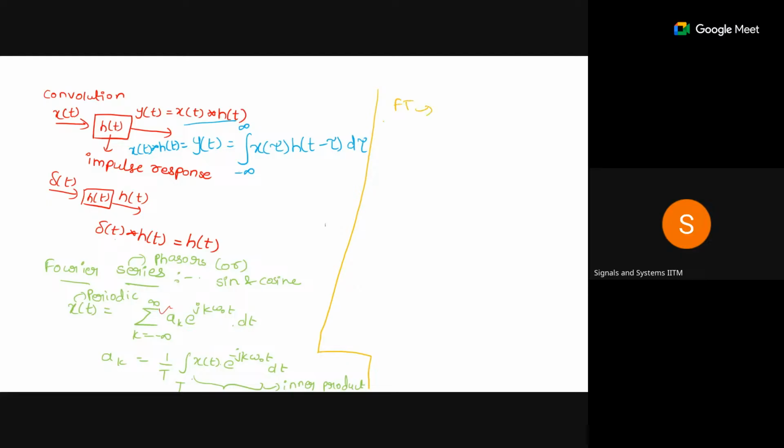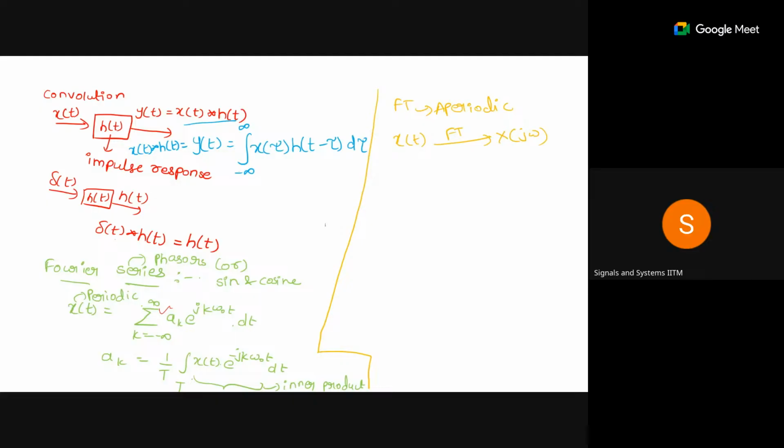So the Fourier transform is for aperiodic signals. Let x of t be the signal. If we do the Fourier transform, it can be represented as X of j omega.